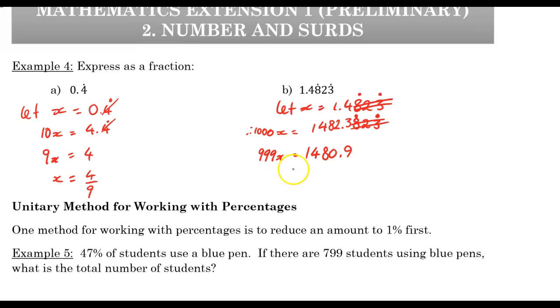That means that x equals 1,480.9 over 999.